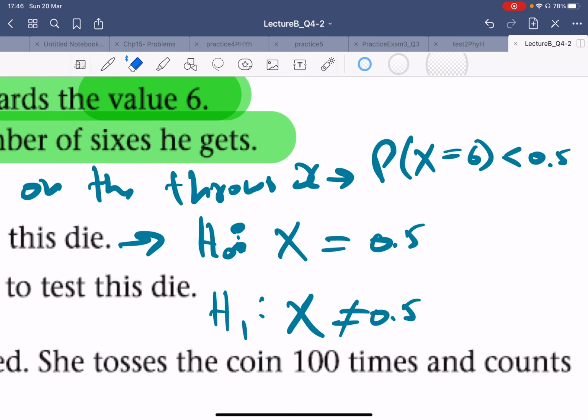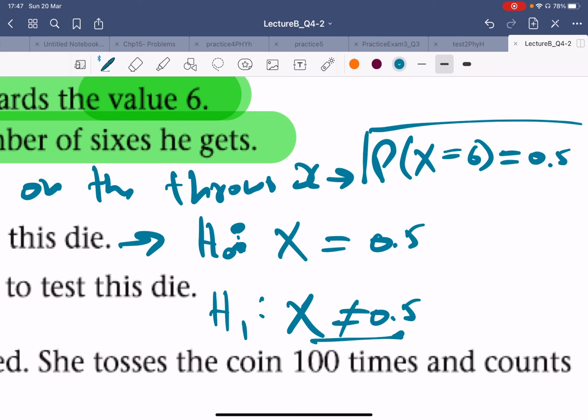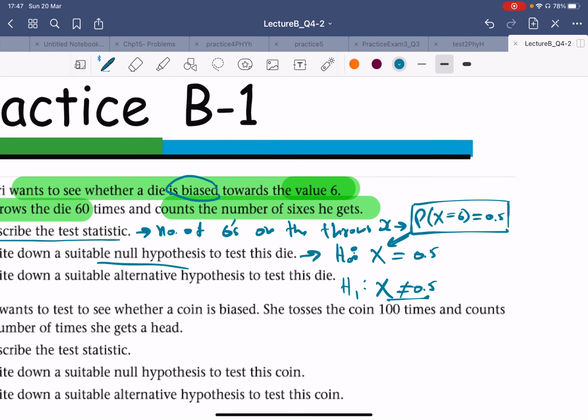Or you can say biased means it's not going to be equal. Or you can say it's going to be greater than, right? So in this case, we're saying not equal to. Okay, let's go with not equal to. Or you can say this is equal to, so that this is our null hypothesis. So it depends on how you set the hypothesis to be.